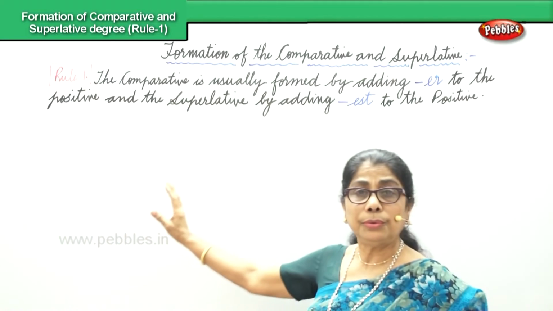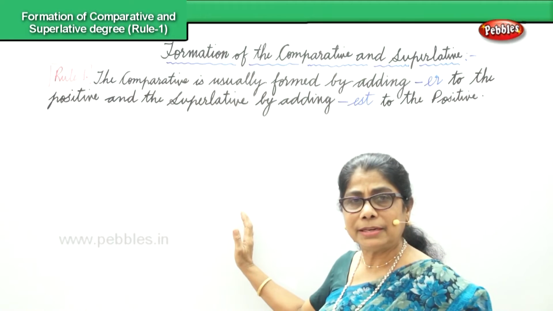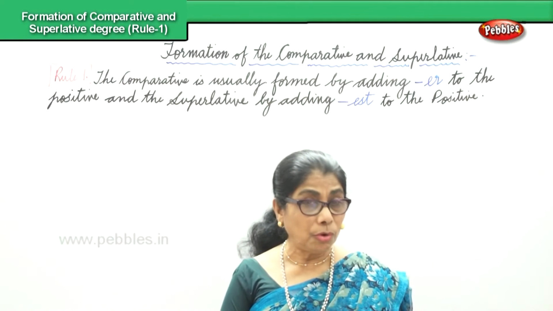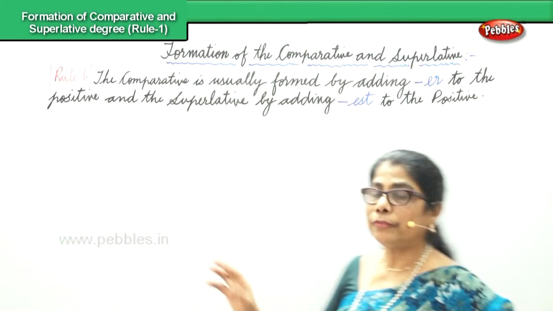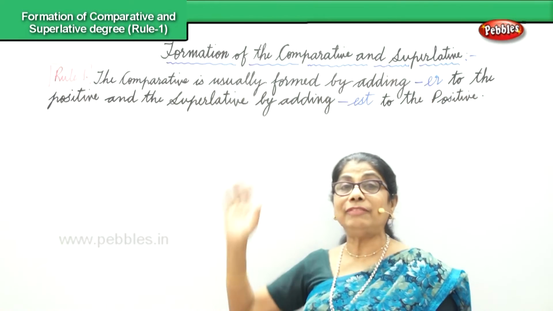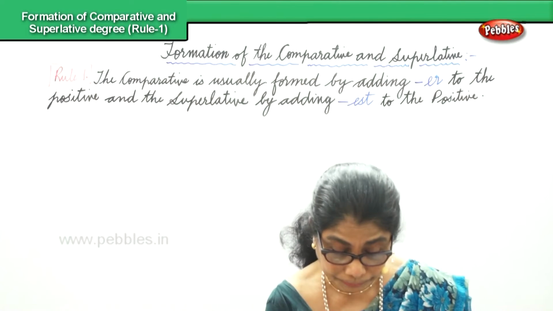So, what are we going to do now? We're going to observe the positive, the comparative, and the superlative. All these adjectives, how are they formed? For the comparative, we will add ER, and to the superlative, we will add EST. So, now let's look at it.